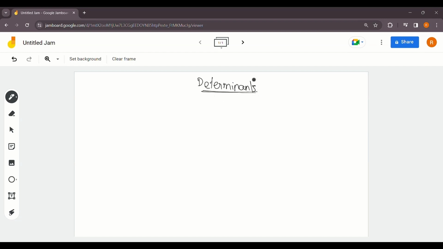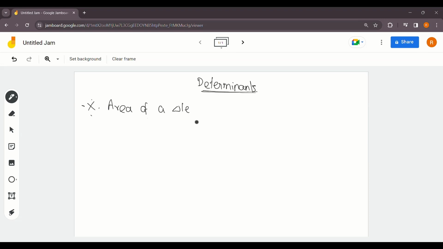The important topic in this chapter, straight away we go to the area of a triangle. The first exercise is about expansion of determinants, which everybody would be knowing.